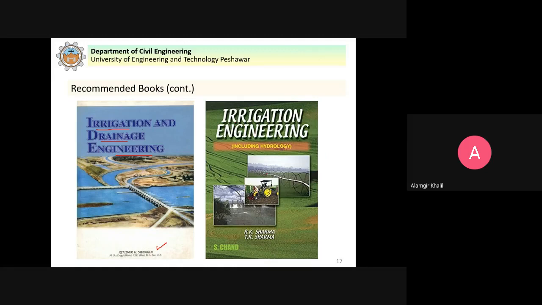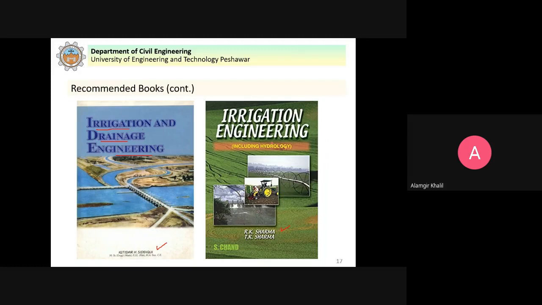And we have Irrigation Engineering by Sharma. This is also a good book. So mostly you can see here that the books here, they are written by Indian or Pakistani authors because they suit the irrigation system that we have in Pakistan, in the subcontinent. We have books on irrigation that are written by European authors or American authors, but in those books they talk more about the latest technology, the latest methods of irrigation, which are not yet widely applied in Pakistan.